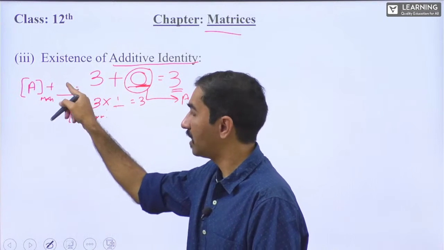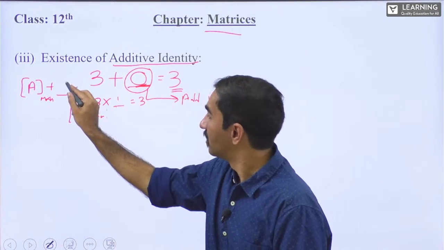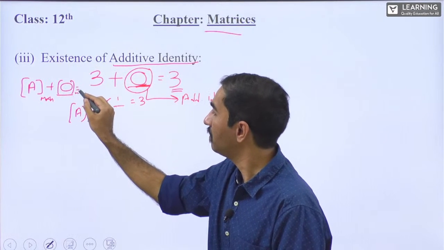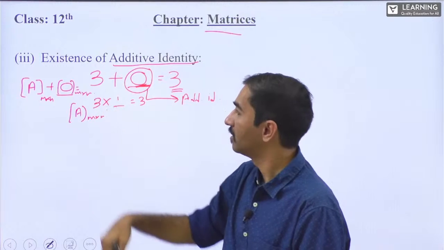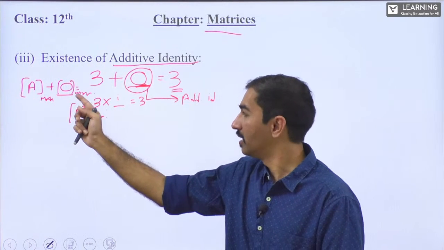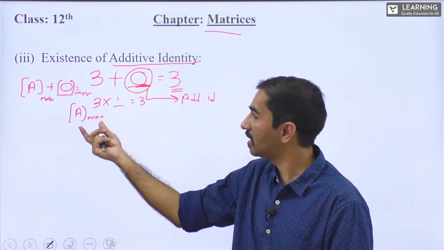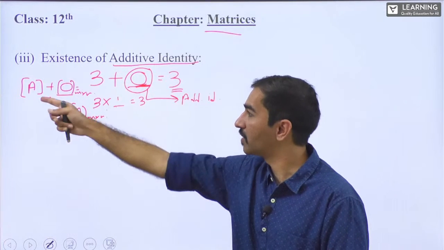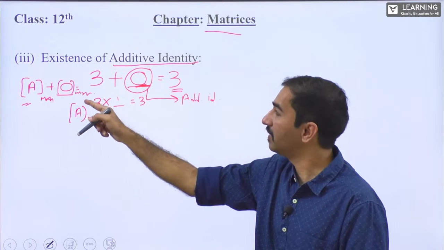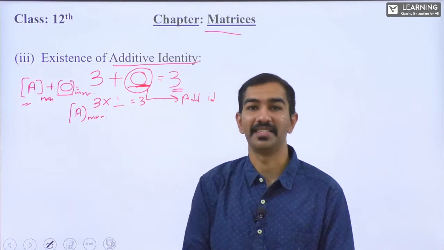So what must be added here, students? The null matrix of the same order. When this is added with the null matrix of the same order, the final answer will be the same matrix, whatever you have considered. So this is existence of additive identity in matrices.